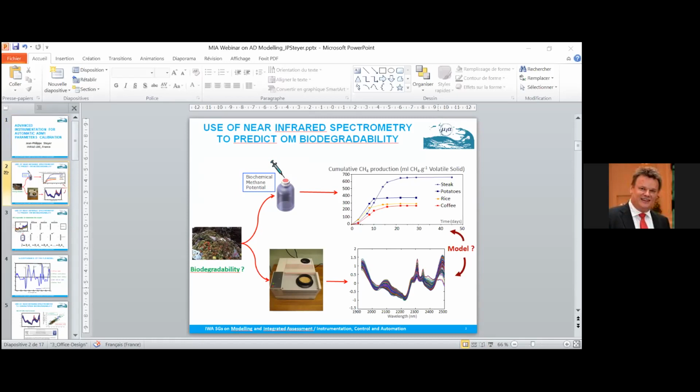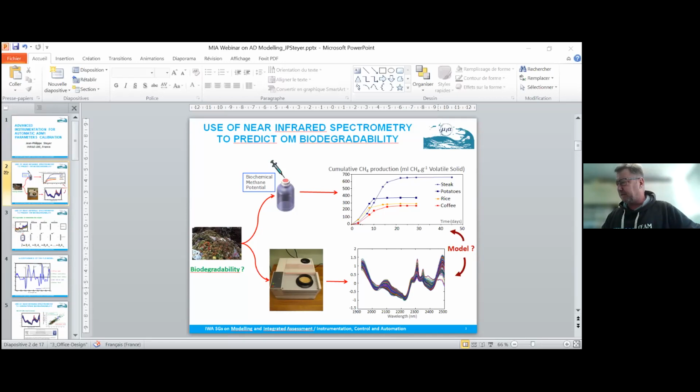Yep. So you have different ways to predict the biochemical methane potential. It's either you run a BMP test, which will last for 30 days, 40 days, and you have the results here, or you can make an infrared spectra.